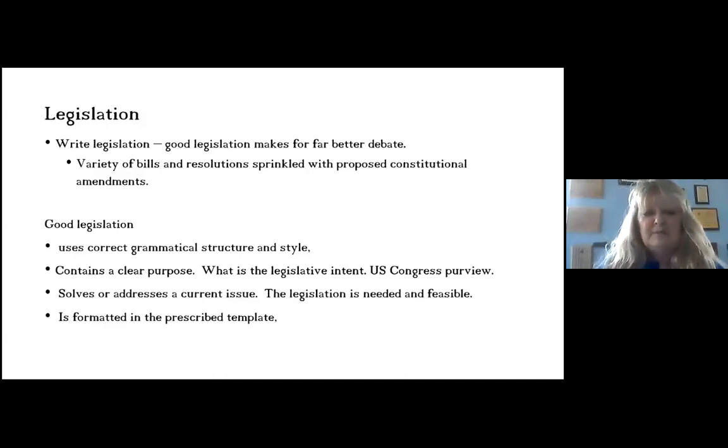It needs to solve or address a current issue. I have seen legislation that comes out that is not about anything current. I think it's just been recycled from several years back. And then you go in and realize that either it's been done or that this isn't really an issue anymore. So it really needs to be about something current, because you want students to be able to research using current research.